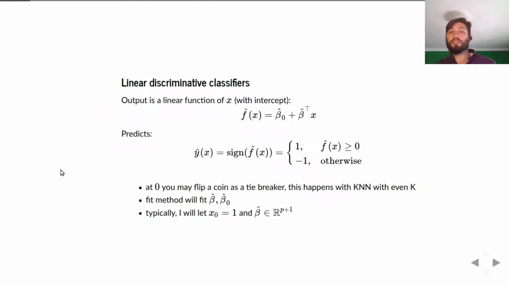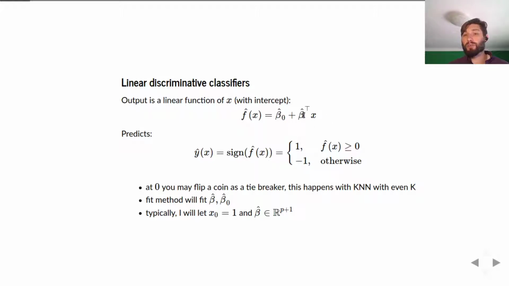Linear discriminative classifiers are classifiers of the same form that we saw with LDA, where you have an output function, f hat of X, equal to beta hat 0 plus beta hat transpose X. I'll have a tendency to be a little fast and loose with the intercept.